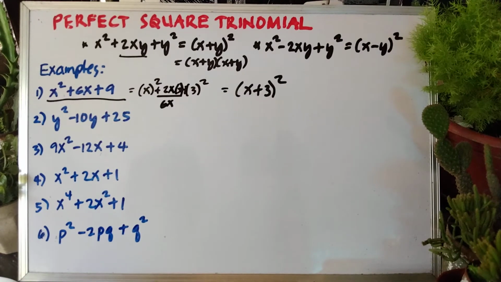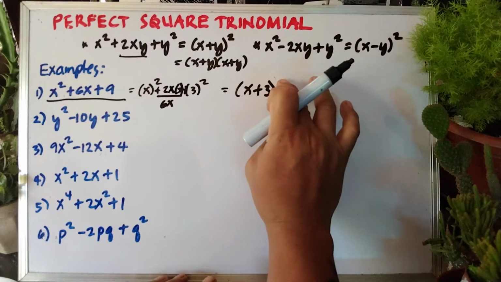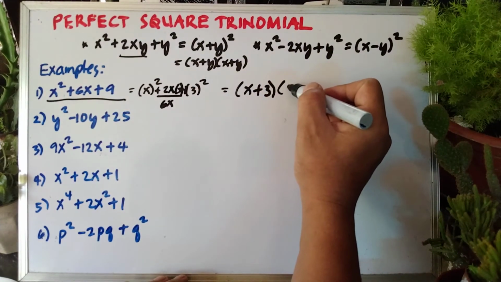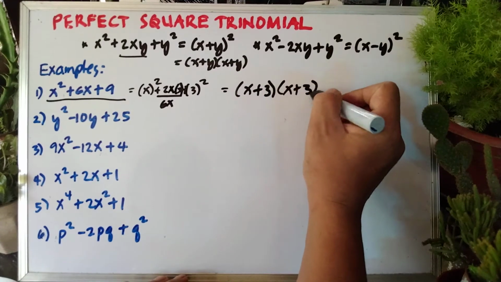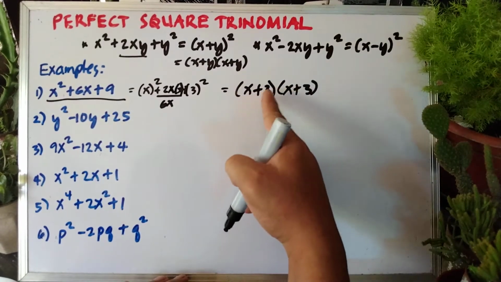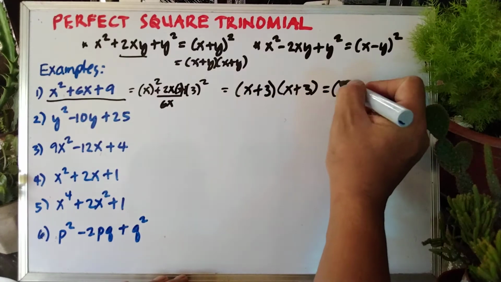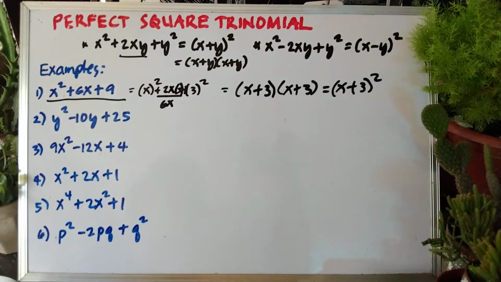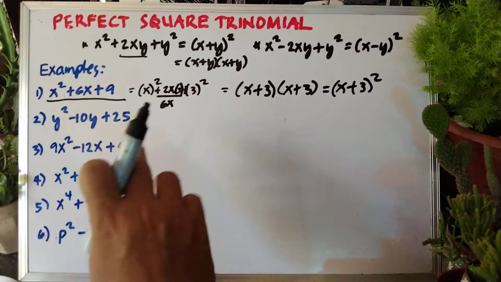Okay? Or, kung gusto mo pa, do you have x plus 3? X plus 3 times x plus 3 is just equivalent to x plus 3 squared. The factored form.